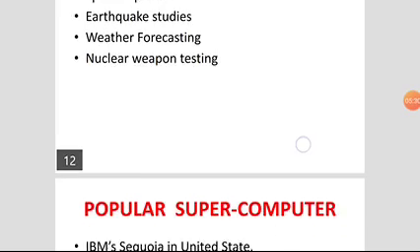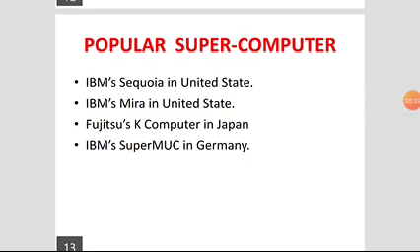Now we have the popular supercomputers, or examples of supercomputers, that you will see on the screen. The first one is the IBM Sequoia in United States, IBM Mira in United States, Fujitsu K Computer in Japan, and IBM SuperMUC in Germany. So these are a few popular supercomputers.